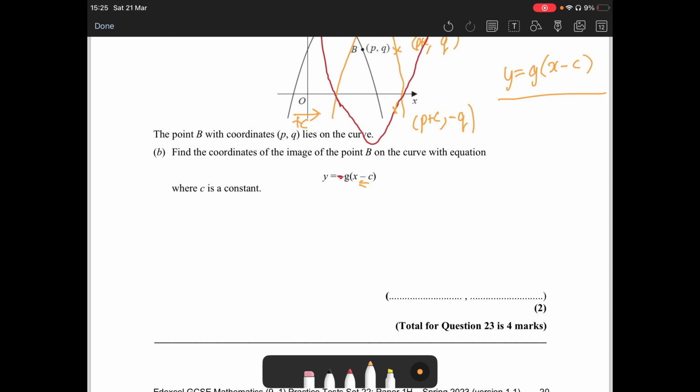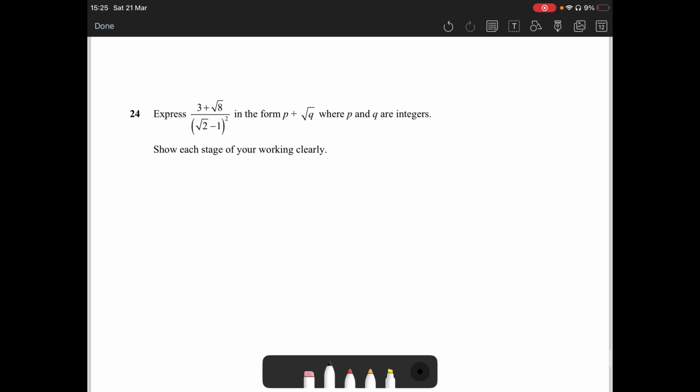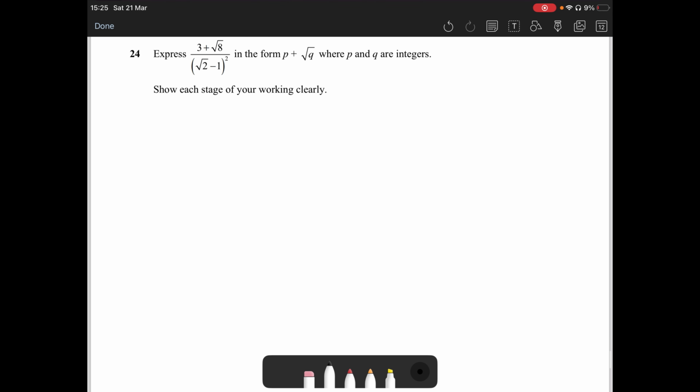Find the coordinates of the image of the point B. So I think it wants it in algebraic terms, P plus C for your x coordinate, or C plus P, you can rearrange the order, but then negative Q for the y, which is var check complete. I've checked my mark scheme. Okay, 24. All right, okay.